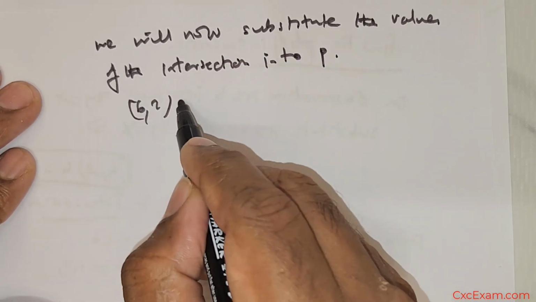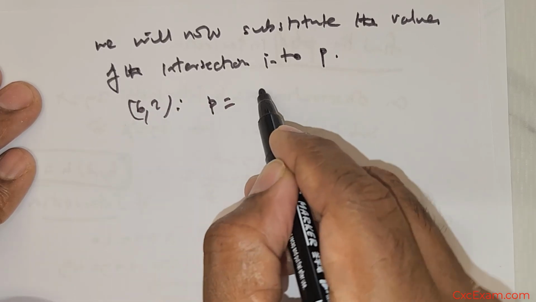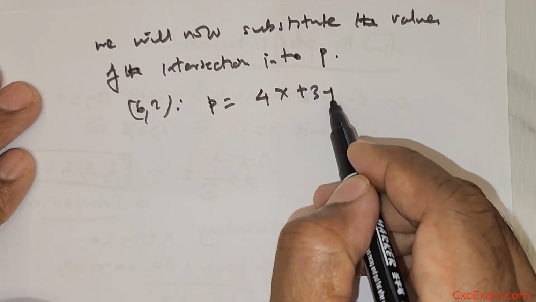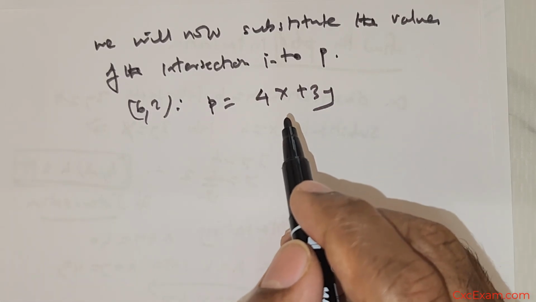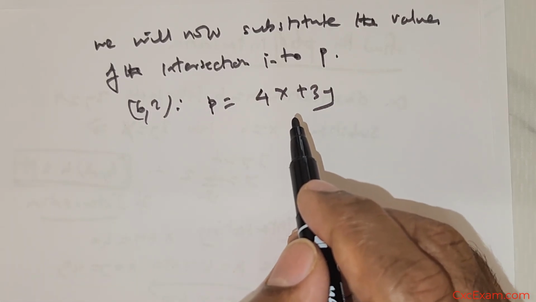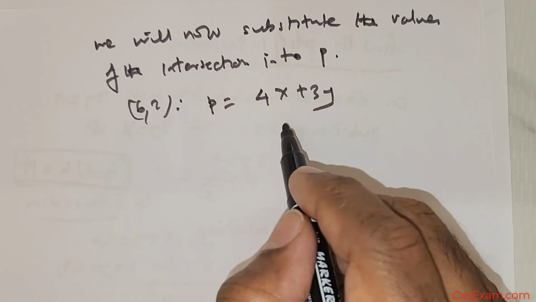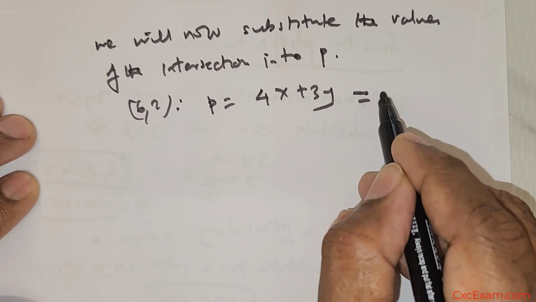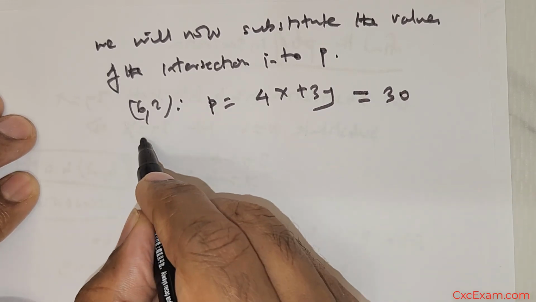So (6, 2) we substitute into p = 4 times x + 3 times y, right? That is the functional value for p. So if you make that substitution, then you get a value of 30.